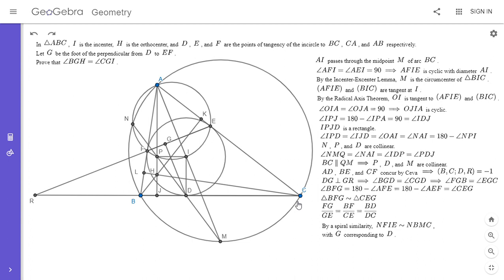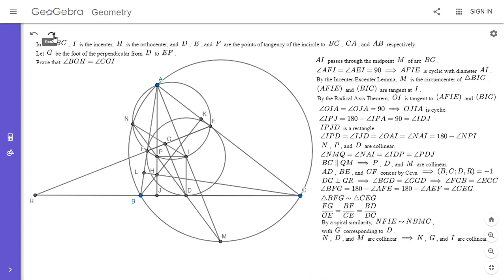So D and G are corresponding points in those two similar figures. They break up the corresponding diagonals into the same ratio. And because of that, since N, D, and M are collinear, it follows that N, G, and I have to be collinear.